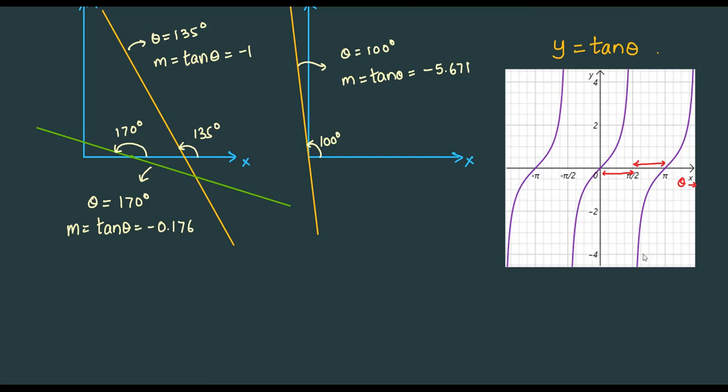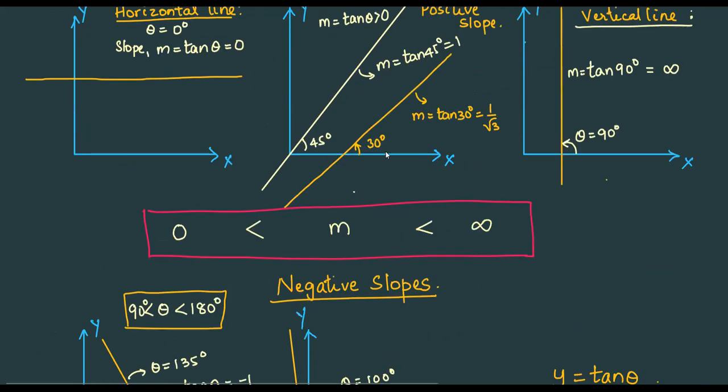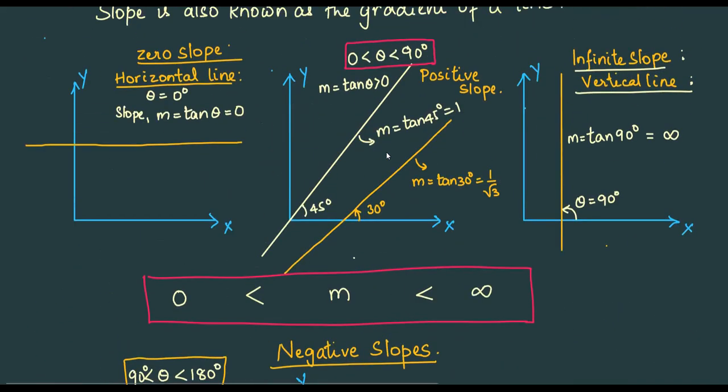They lie below the x-axis. So that is why, remember, the slope is related to tan. From 0, the slope keeps on increasing to infinity. By the time theta comes to 90, the slope becomes infinity.